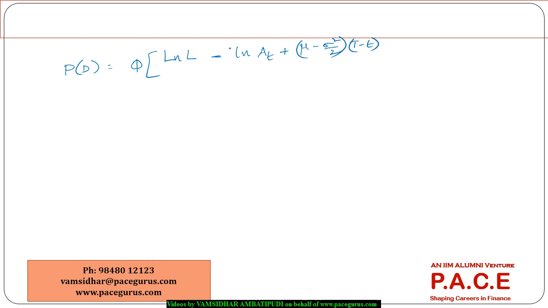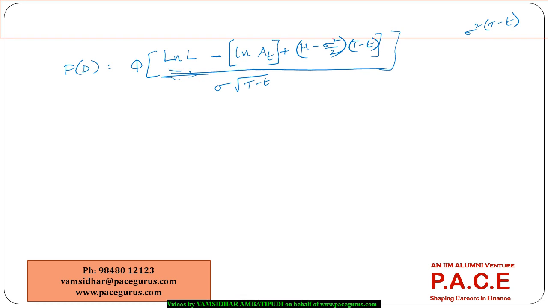So this is the expected value of x, divided by the standard deviation. We have already got the variance as sigma squared times T minus t, so the standard deviation will be sigma into square root of T minus t. So I'll get this as the probability of default.